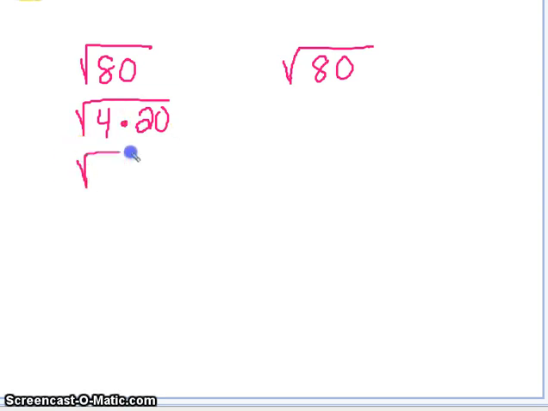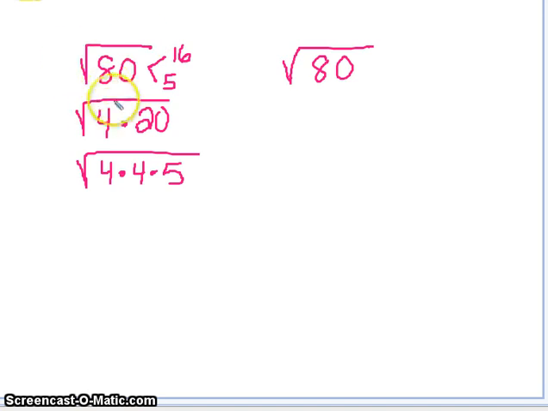So that's going to give me that whole 4 times 4 times 5. It's not a mistake, but what I didn't see in the first place is that 80 is actually divisible by 16. 16 times 5 are my factors of 80.